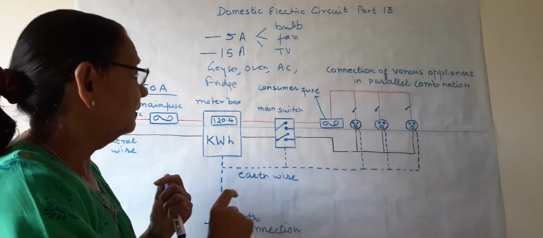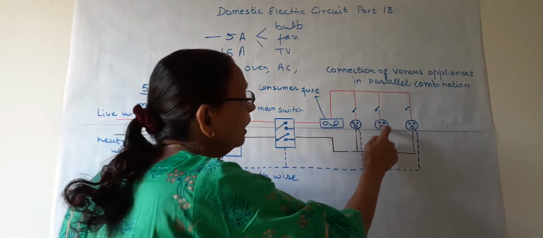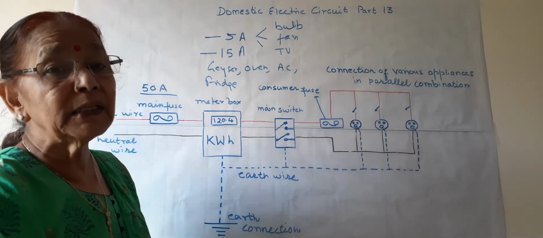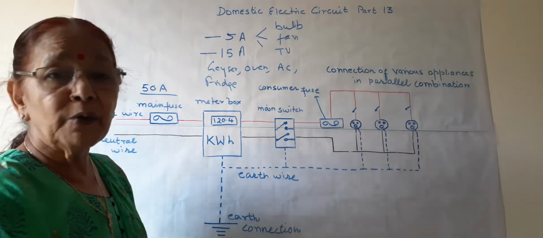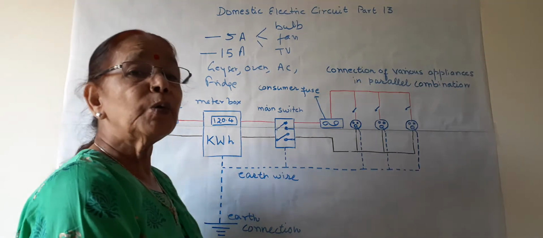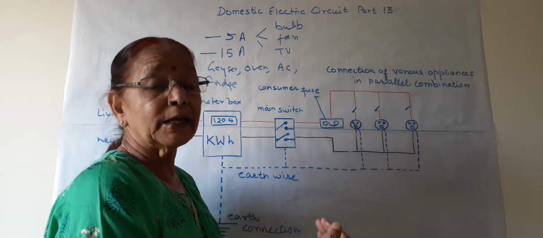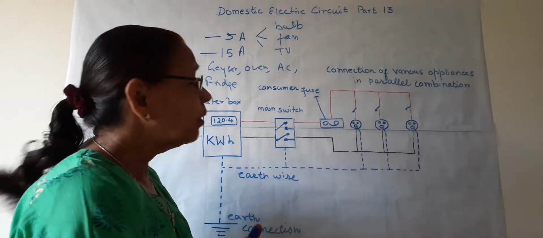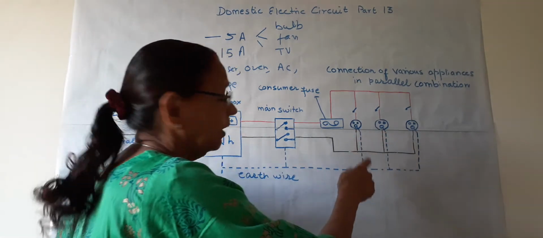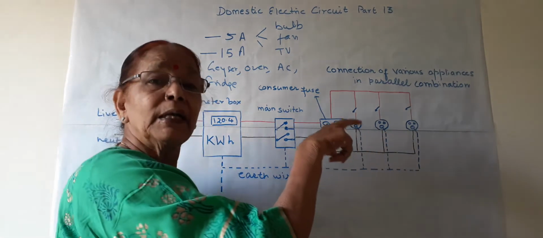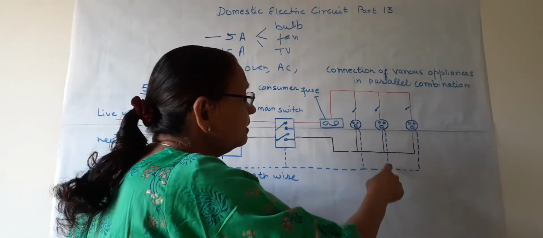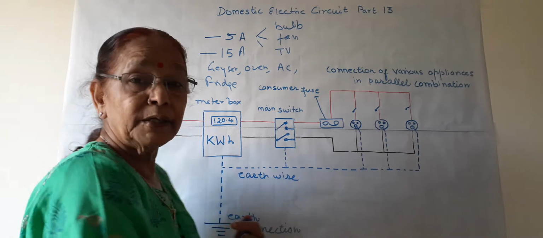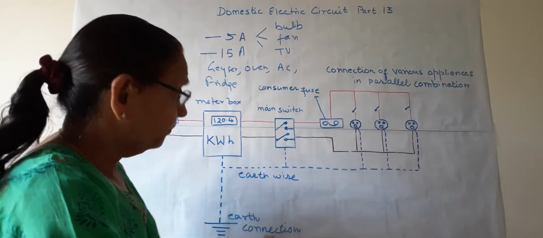Likewise here also, if we have an electric iron or toaster or oven or fridge which have metal covering, and some current is leaking, then we will have a shock. To prevent this shock, earthing is done, and that leakage of current is absorbed by the earth wire and goes directly inside the earth.